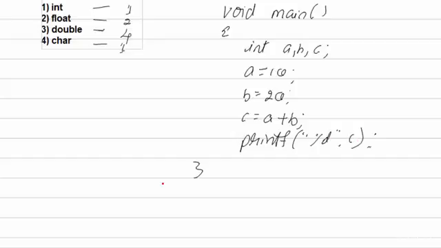The same code can be done by declaring these as type character instead of integer. You can give char a comma b comma c, and this whole code works perfectly fine. So inside a you're storing 10, inside b you're storing 20, and c is equals to a plus b.